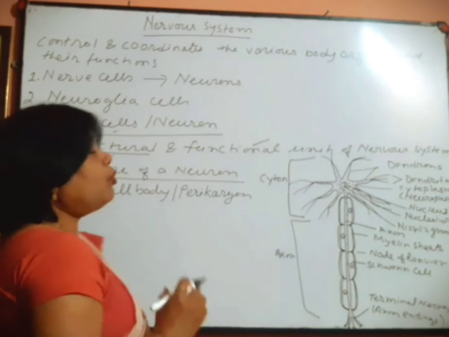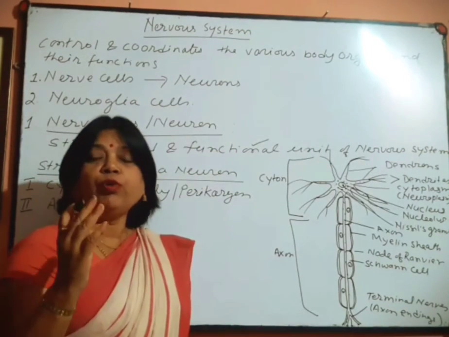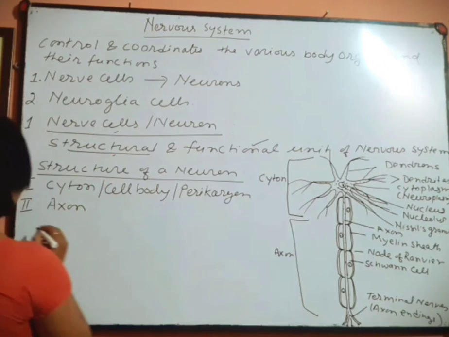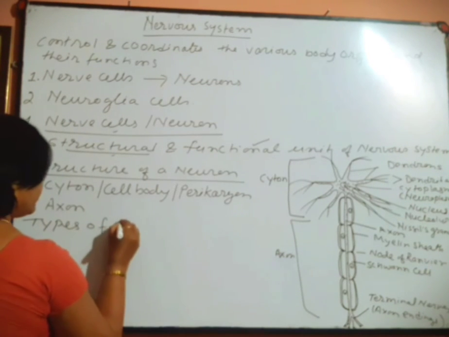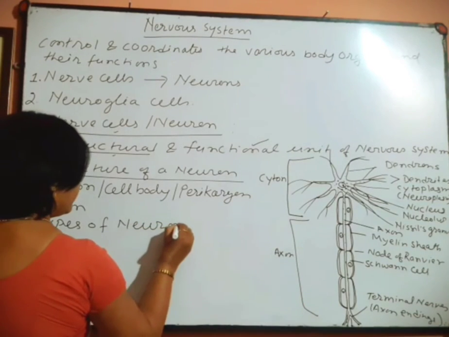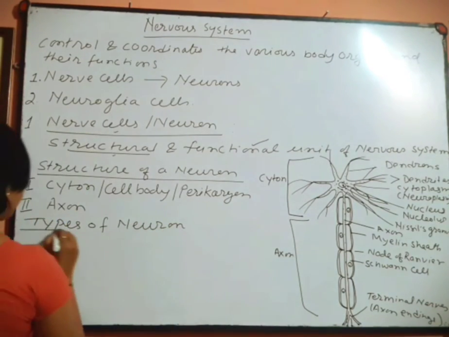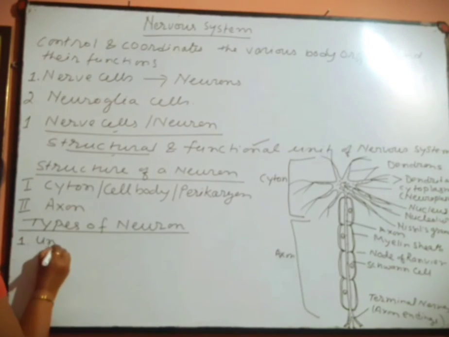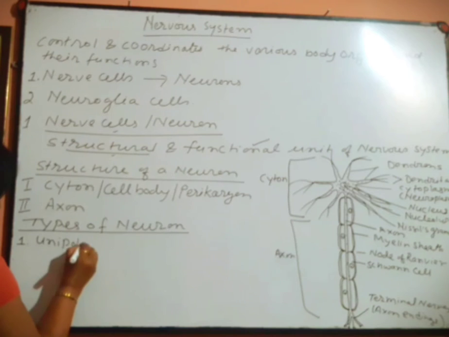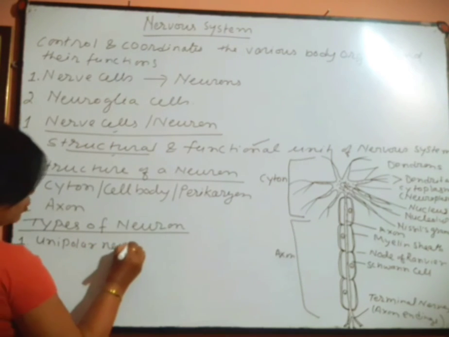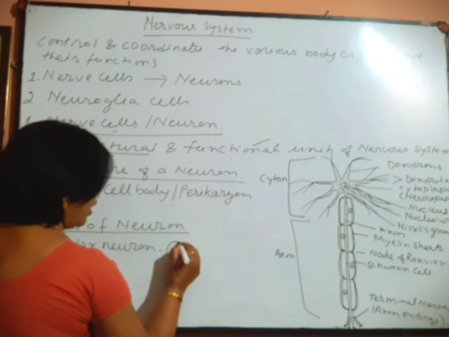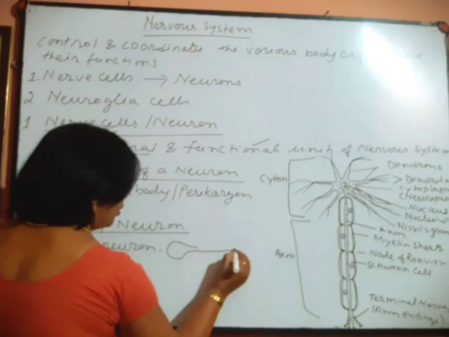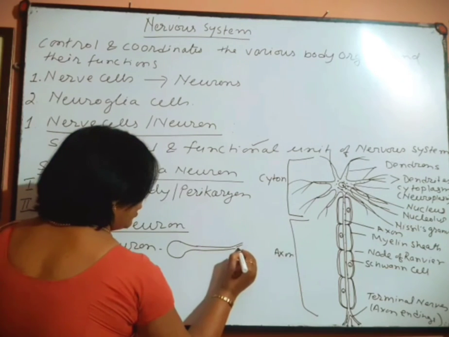Now, types of neuron. Neuron is of three types. First, unipolar neuron, and this neuron has only the cell body and axon.